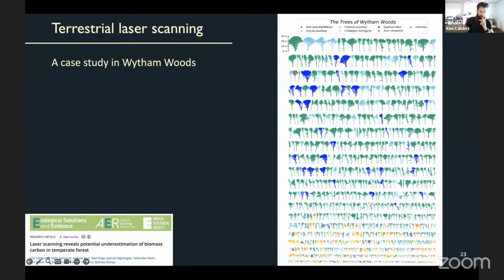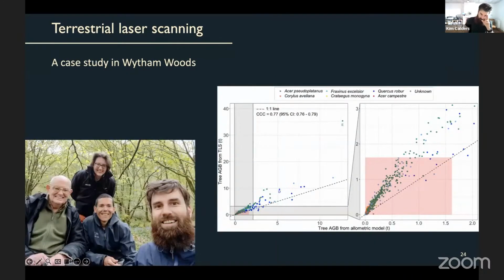When we were doing this assessment of biomass, just to check, well, we are in the UK, and we always assume that we know very well how to measure our biomass and our carbon in European forests. We were quite shocked to see that these measurements were quite off. What you see here on the x-axis is the allometric model estimates that you would typically get using the typical approach, and on the y-axis you have the TLS estimates.